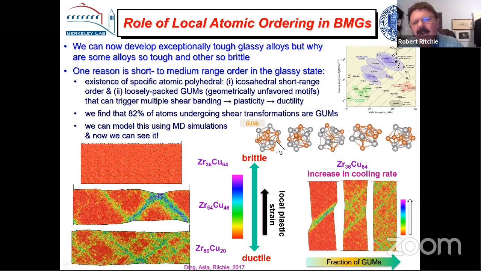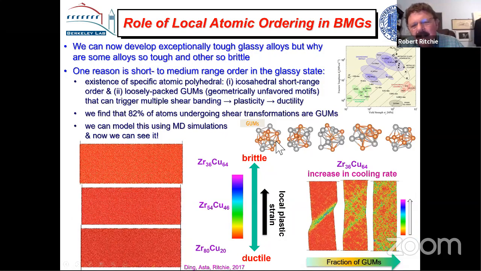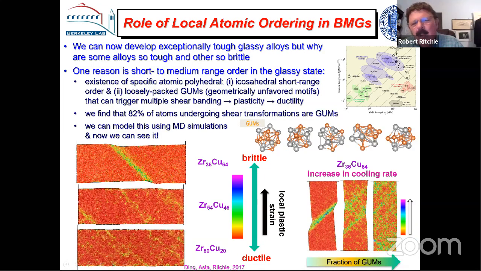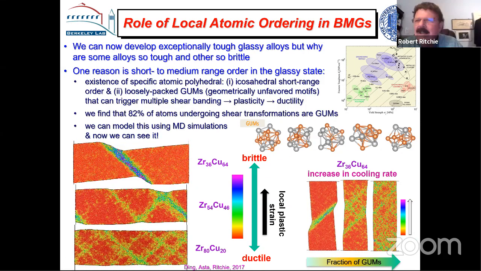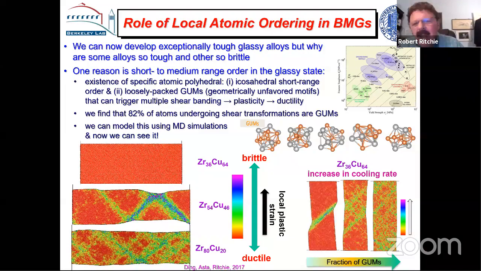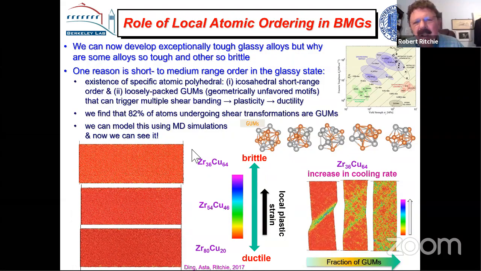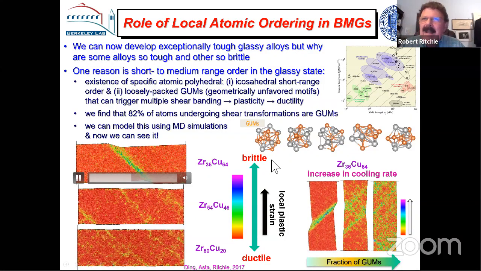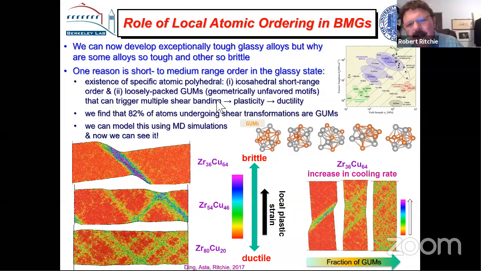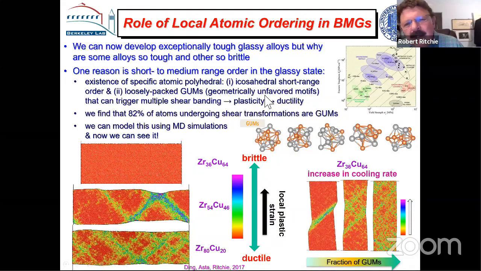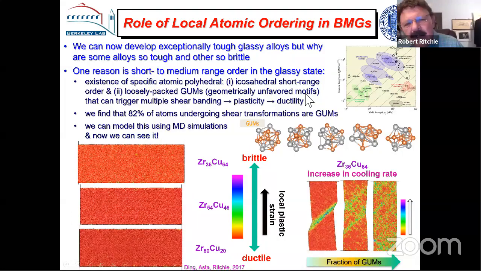The short range order is little motifs of atoms, which typically have icosahedral symmetry. The five-fold symmetry makes them the most stable. But some of these motifs are less closely packed. They don't have as much five-fold symmetry. And Evan gave them this beautiful name, GUMs, which stand for geometrically unfavorable motifs.